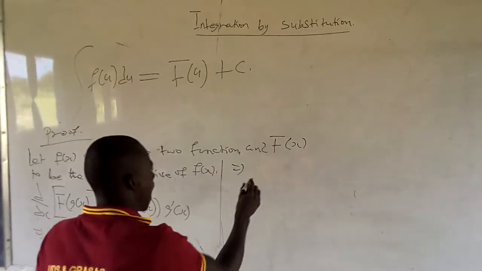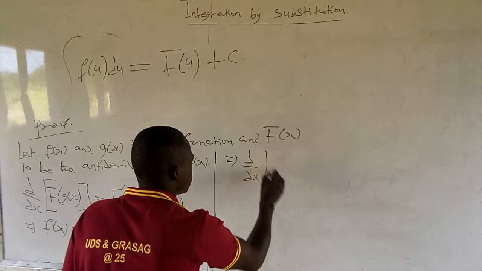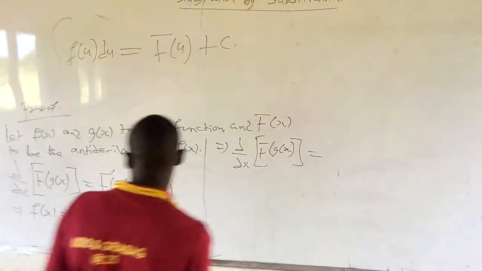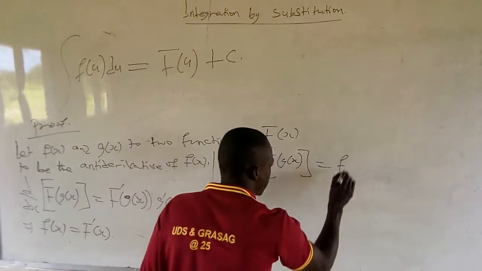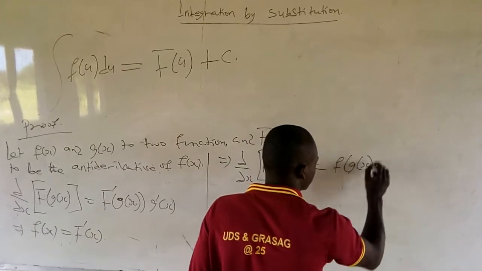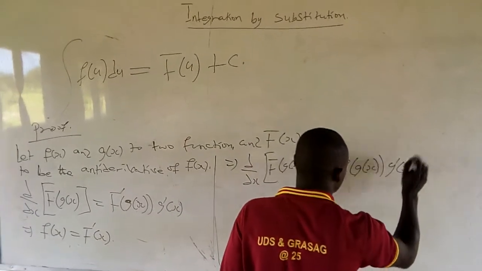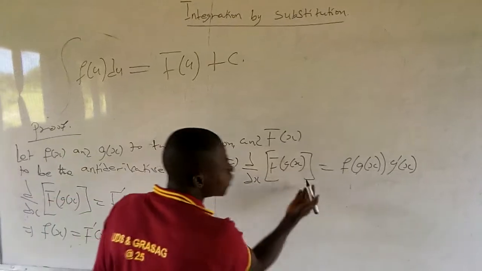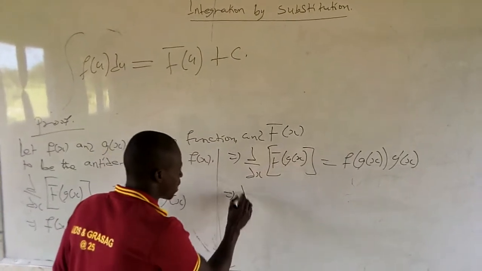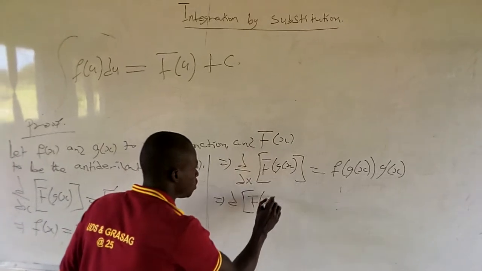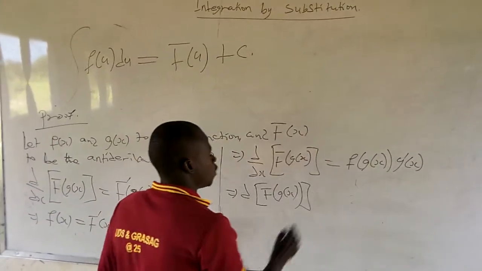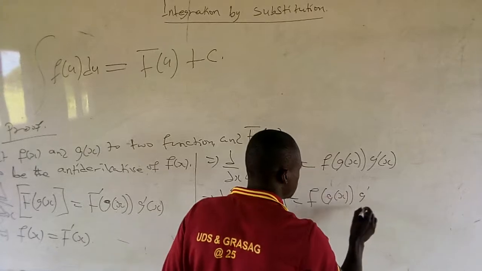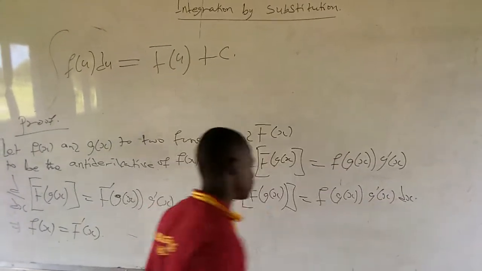It implies I'm going to have the derivative of capital F of g of x now equal to, in place of this I'll put f, so f of g of x multiplied by g prime of x, that's the derivative of g of x. Okay, now multiplying through by dx, it implies I'm going to have d of F of g of x equals f of g of x multiplied by g prime of x, times dx.